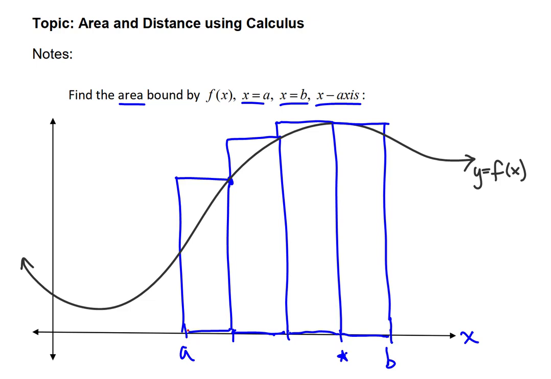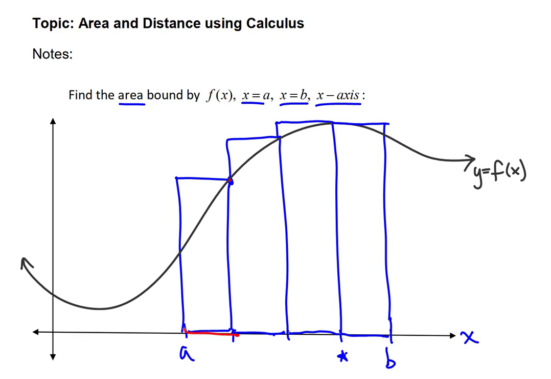The base of each of these rectangles will still be the same as the original ones, where the width is the width of each of these intervals below. But this time, to make an underestimate, like in this first rectangle, from A to the first little tick mark here, instead of using the right boundary of that interval, which went up as high as we could and then went over as an overestimate, now let's use the left boundary.